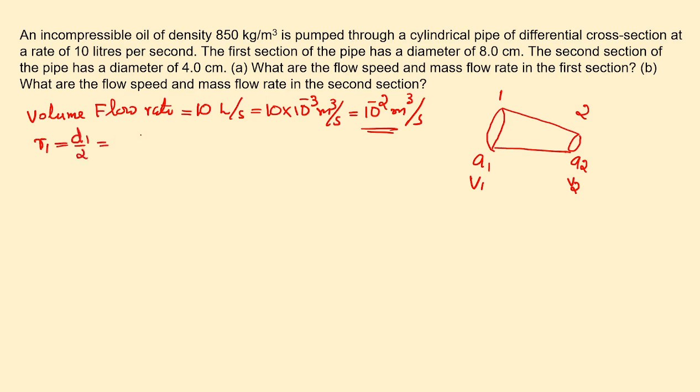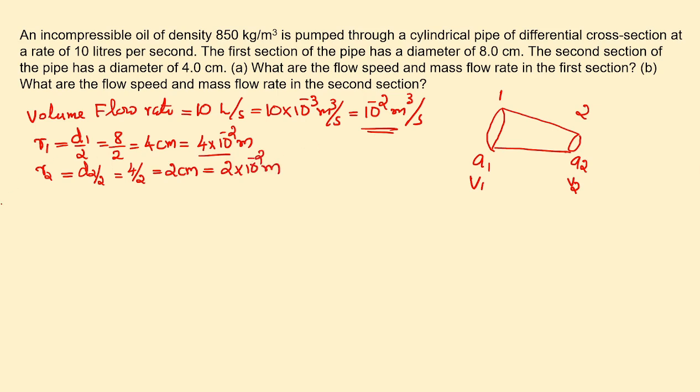D1 is 8 centimeter, so R1 is 4 centimeter, which is 4 into 10 raised to negative 2 meter. Similarly, in the second section, the radius R2 is equal to D2 by 2. That is 4 centimeter by 2, which is 2 centimeter, equal to 2 into 10 raised to negative 2 meter.